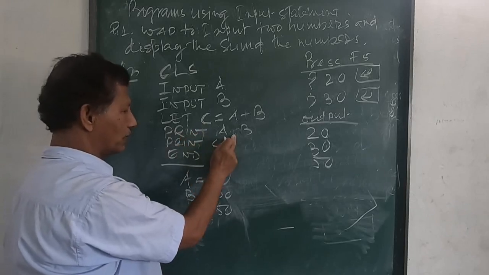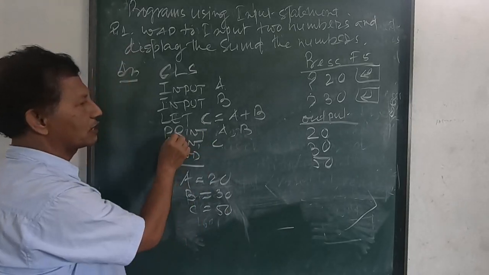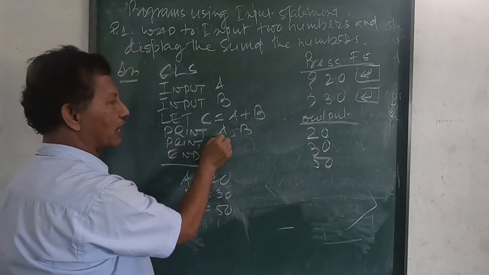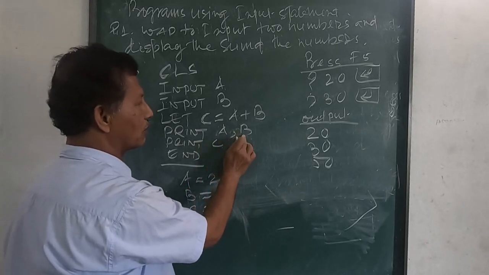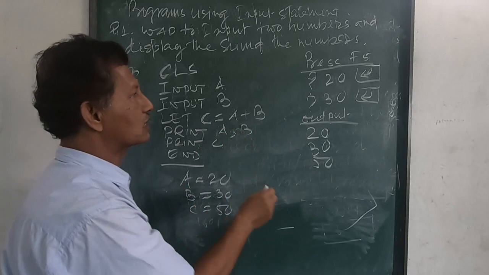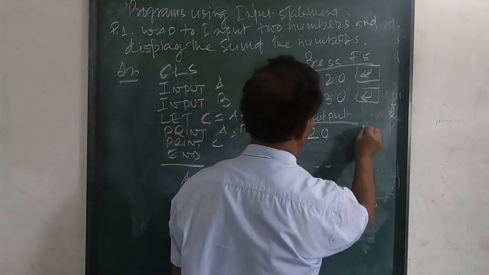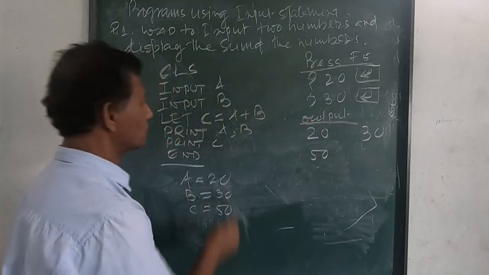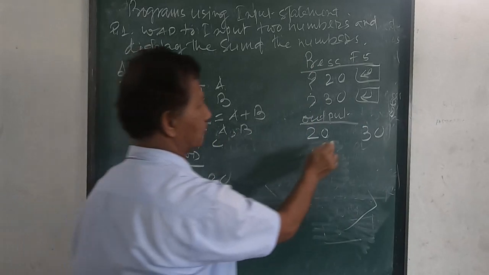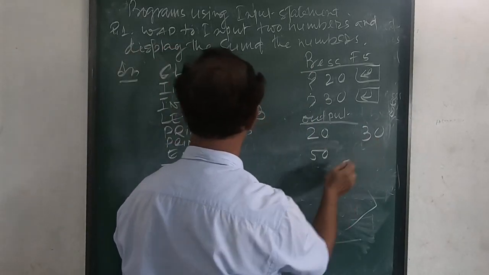Print A comma B, print C. Now when you write print first variable A followed by a comma, next writing B, while displaying on the screen you will see a gap between the first value and second value because of this comma.